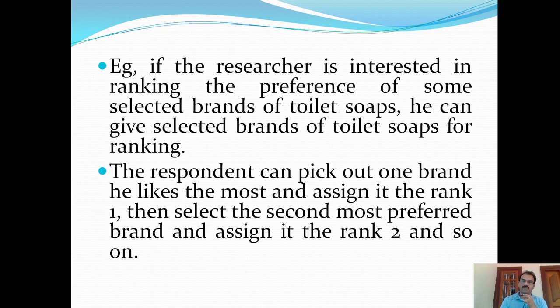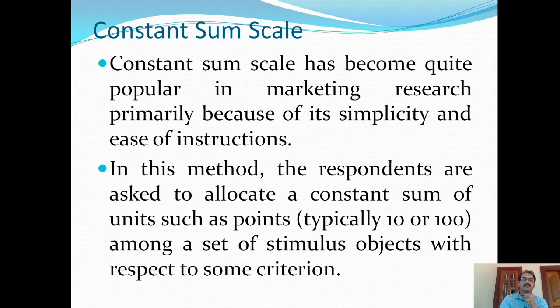Then select the second most preferred brand, like Rexona, and assign it the rank 2, and so on. So this is the procedure followed here. The next one is constant sum scale.